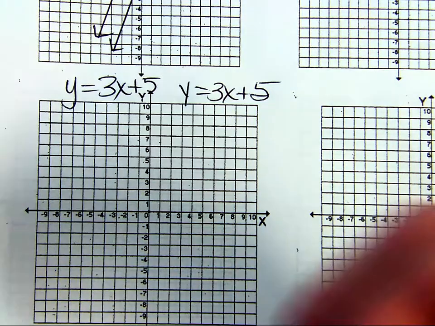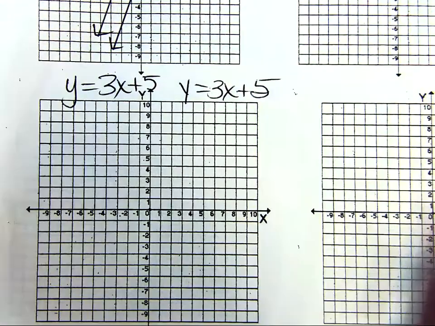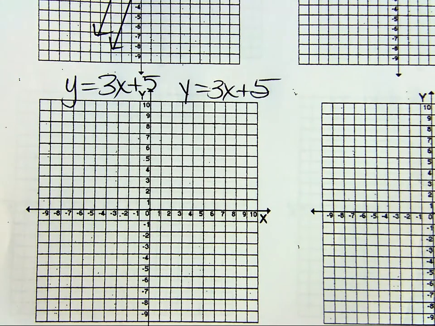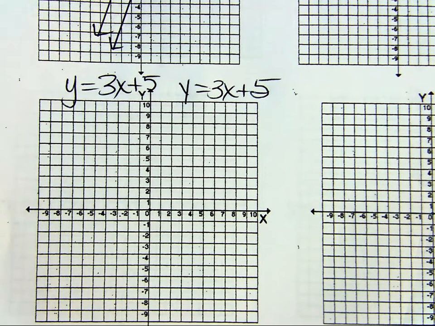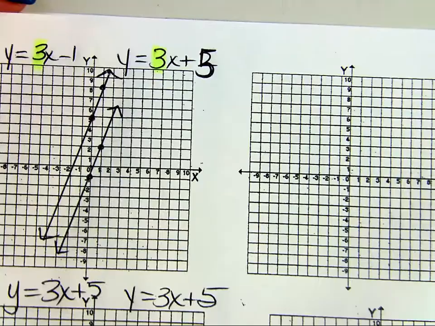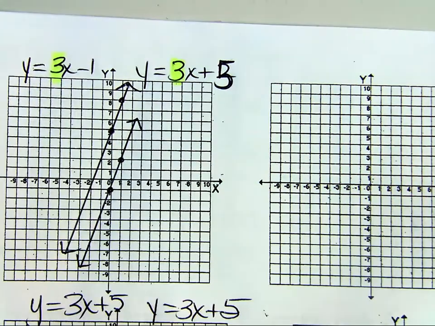Unless they fall right on top of each other, then they're the same line. We're really only talking about one line. So basically you have the same slope but a different y-intercept. That's what parallel lines are, okay?